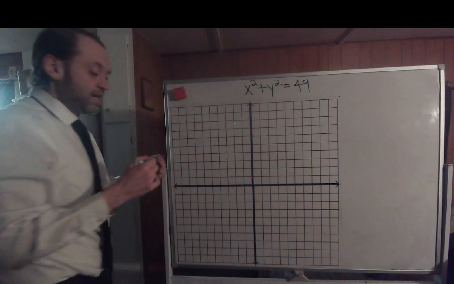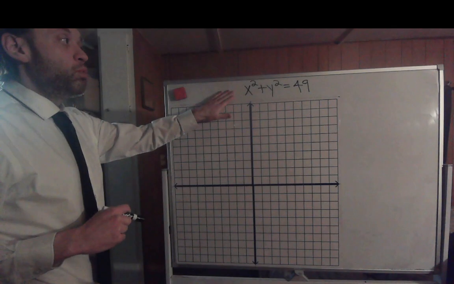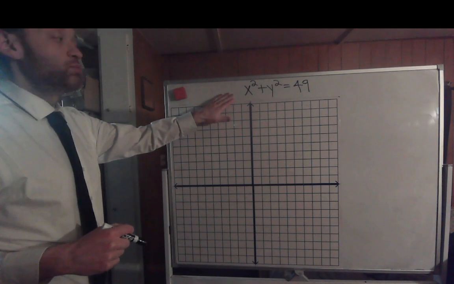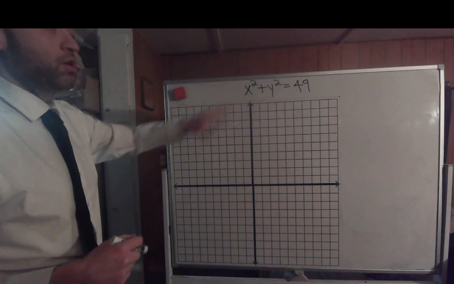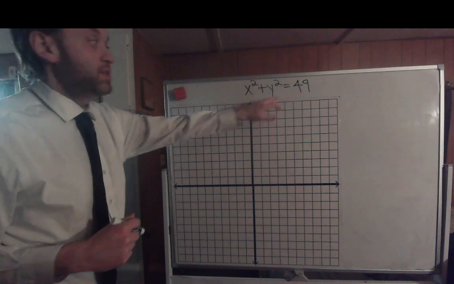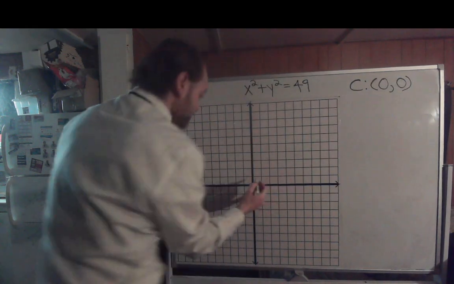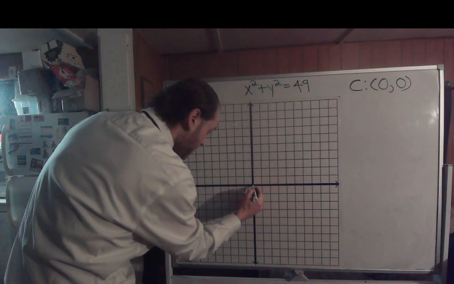I'm definitely going to suggest we start with the center. So what is the center? Well, you don't see x minus anything or y minus anything. It's just x squared plus y squared. So your center is at the point (0, 0). So that's easy enough. Let's plot the center while we're at it.